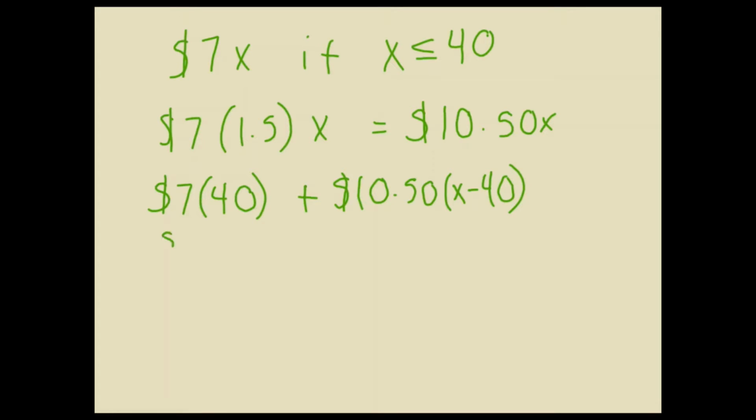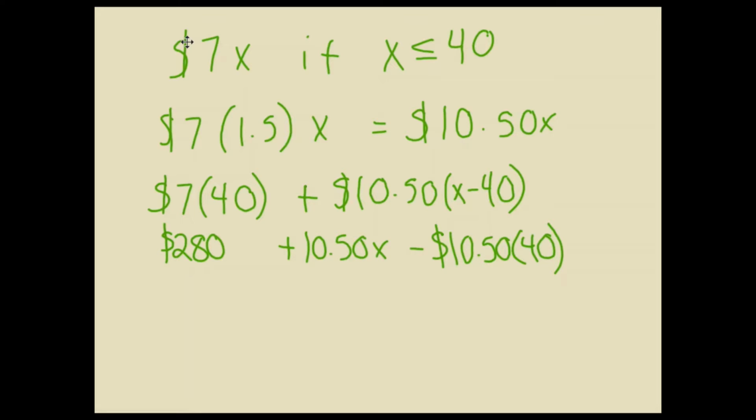And then you would multiply this out and simplify. So it would equal $280 plus $10.50 times x minus 40 hours times $10.50. Further simplified, that would be $280 minus $420 plus $10.50 times x number of hours.